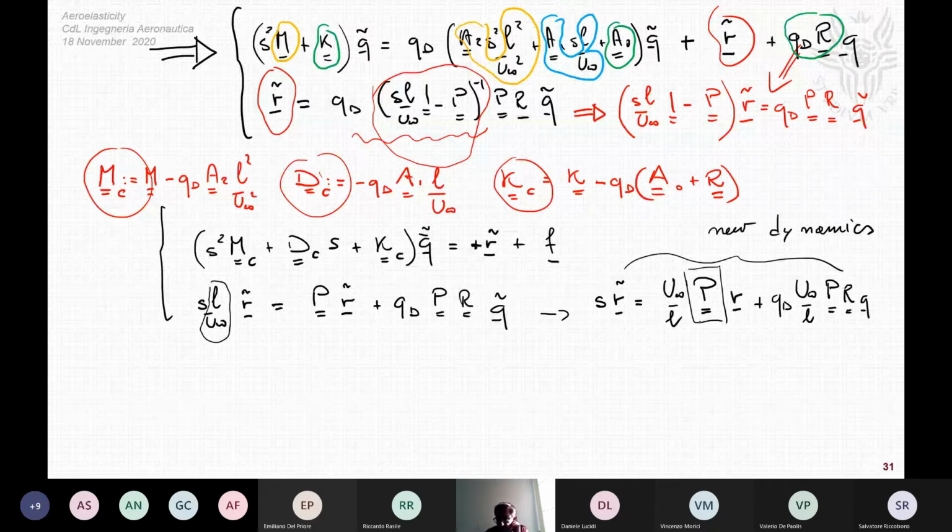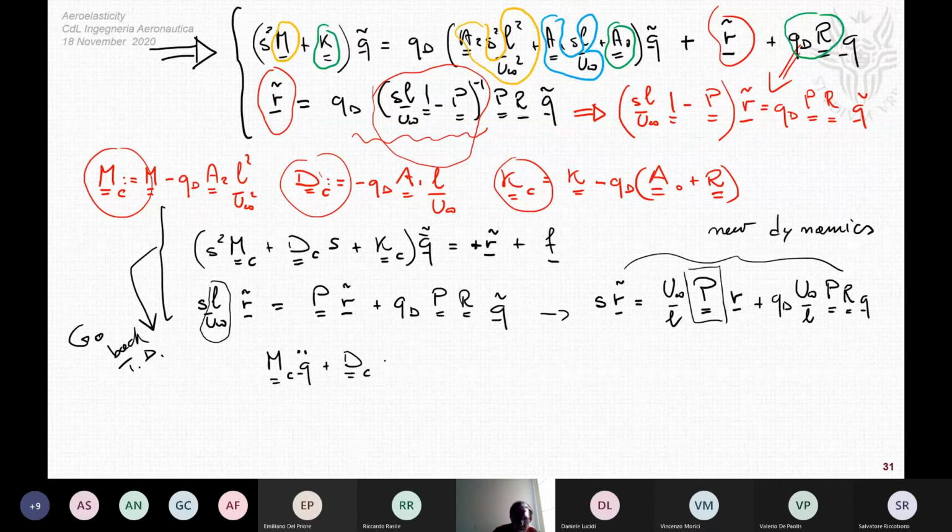In fact, if now we go back to the time domain, we have M_C Q double dot plus D_C Q dot plus K_C Q equal to R vector.